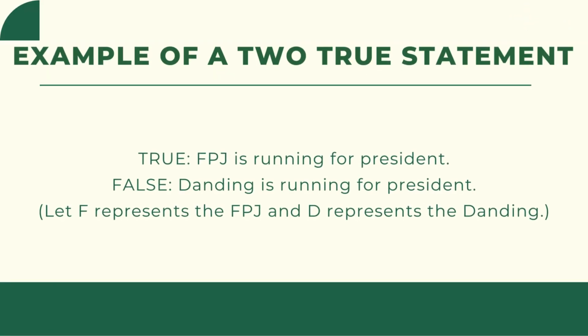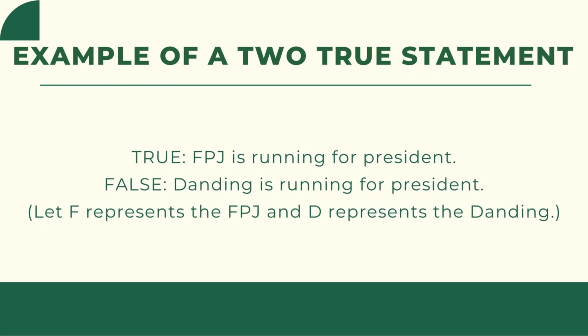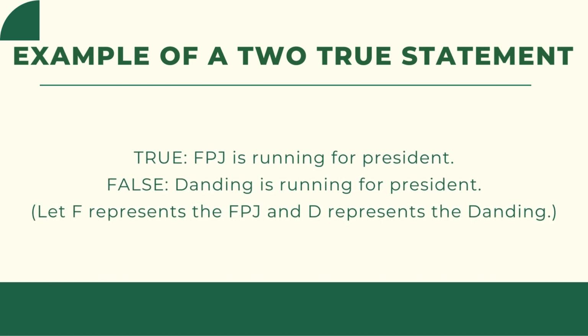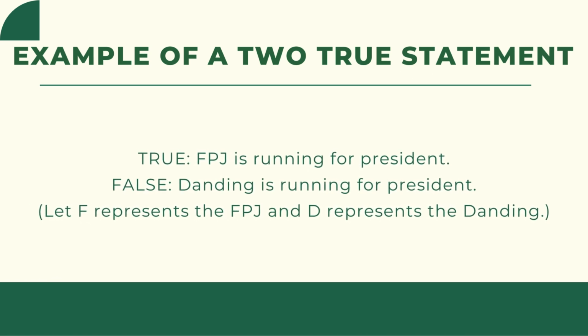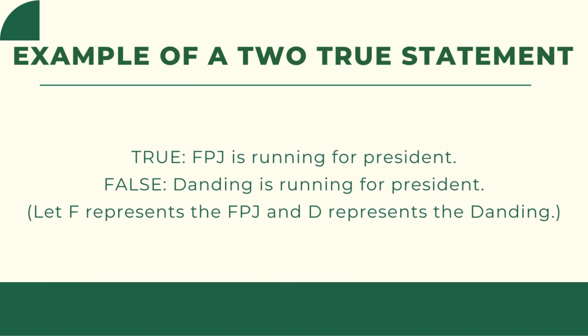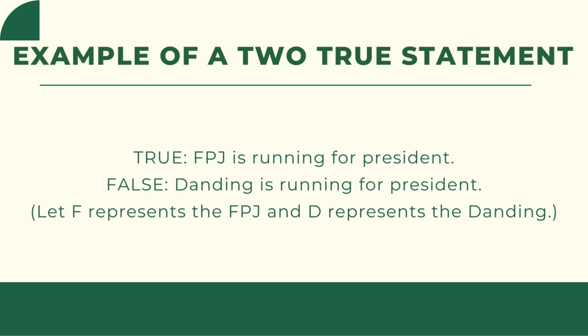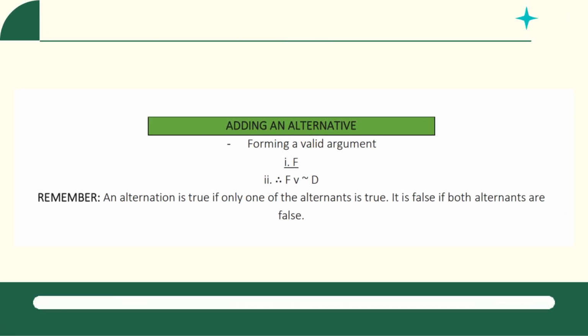For our last set of examples of a two-true statement under the basic deductive arguments: true, FPJ is running for president. False, Danding is running for president. Let F represent FPJ and D represent Danding. Adding an alternative, forming a valid argument.